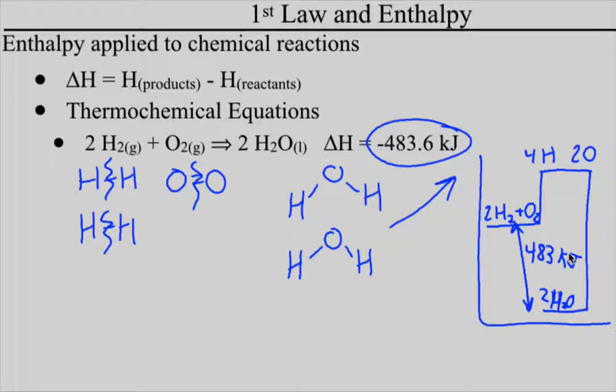We don't need to know how much energy goes in to break apart the hydrogen and the oxygen. We don't need to know how much energy is given off when atoms turn into molecules. The only thing we need to know is energy goes in to break it apart and energy comes out when the bonds are formed. And the difference between the starting and the ending point is simply 483 kilojoules.